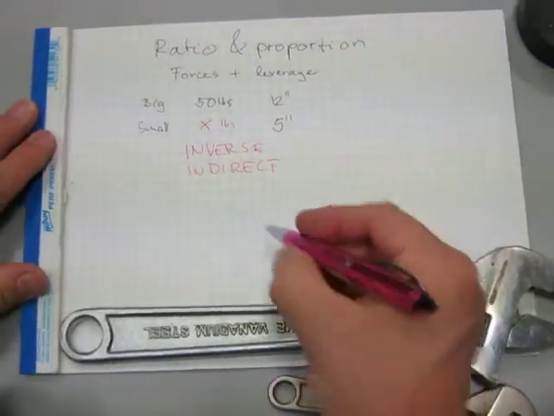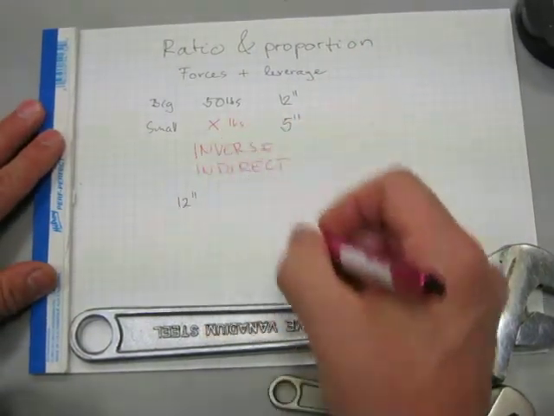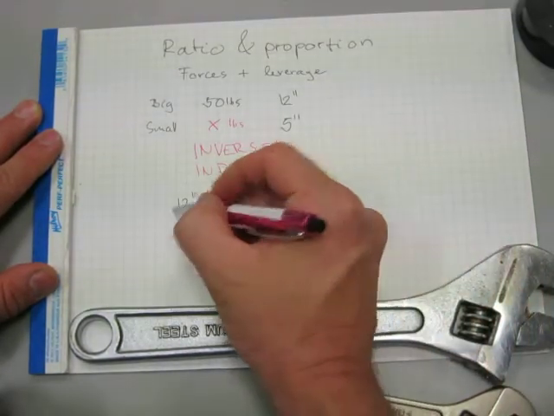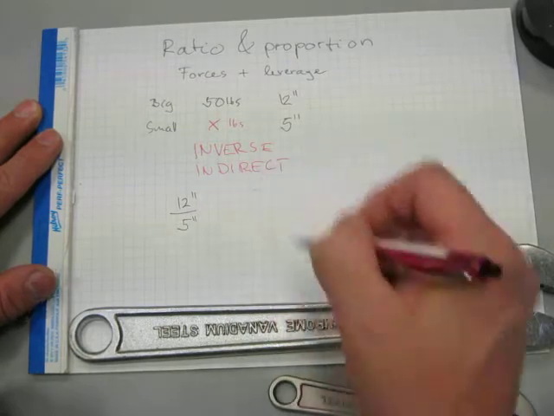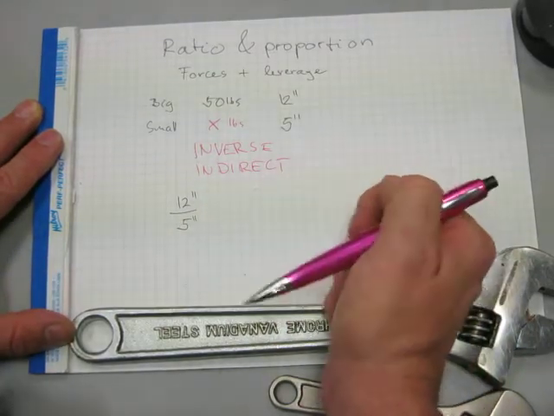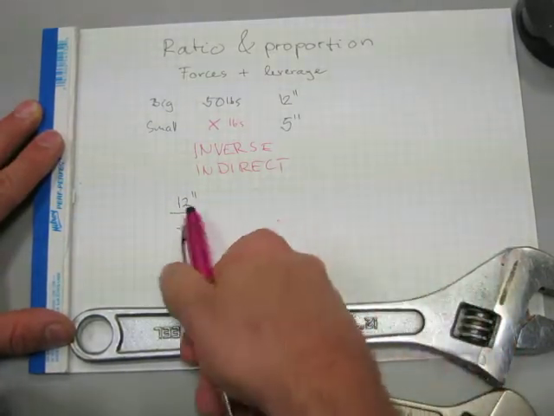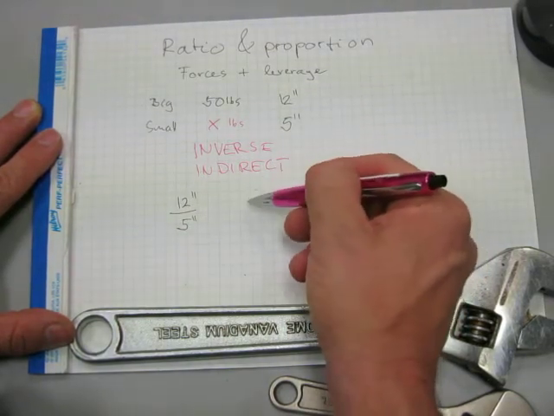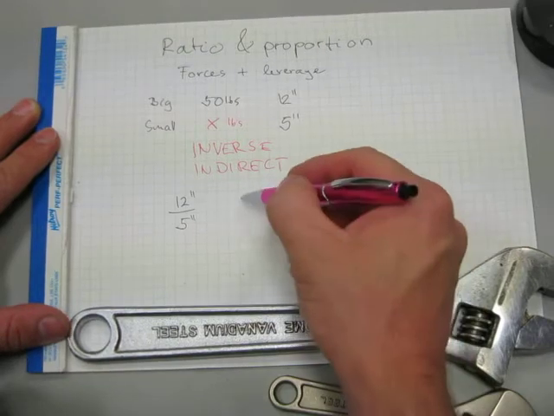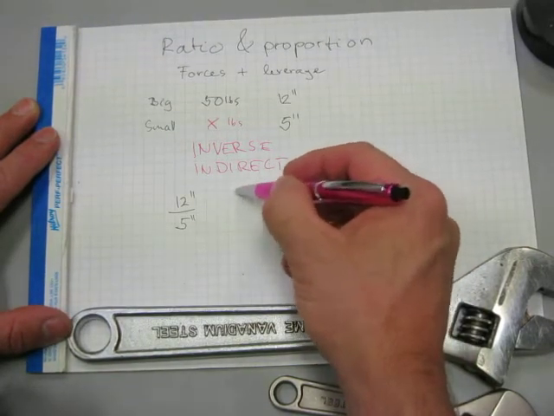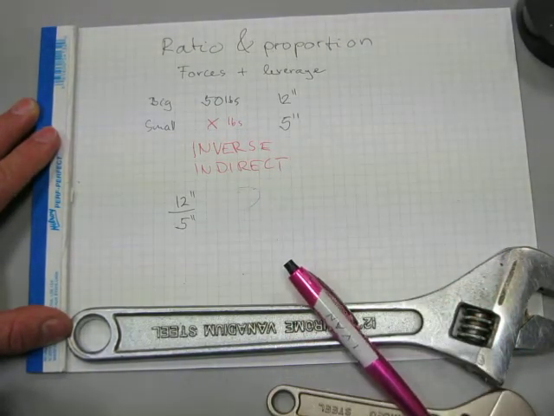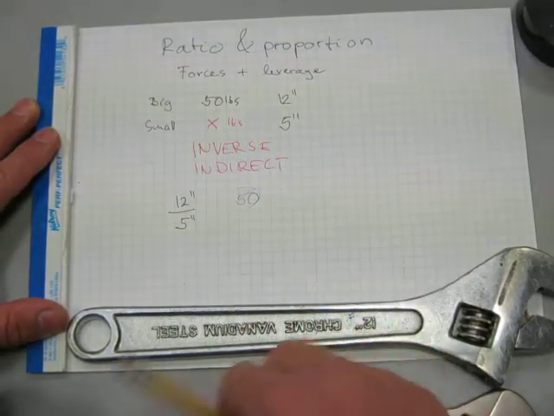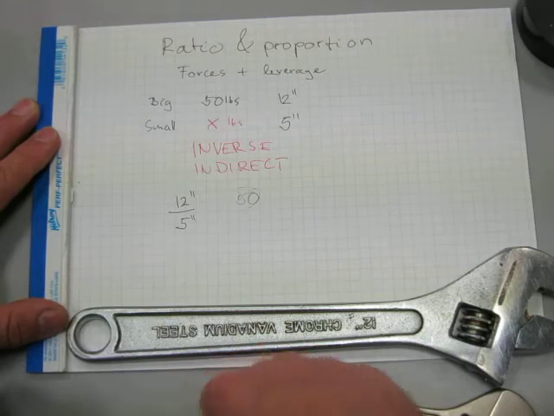Say the 12-inch leverage is proportionate to the 5, and you can write the 5 either here or here. I'm going this way. The 12-inch is proportionate to the 5, and we have the leverage from the bigger one, so we have to write up the force from the bigger one if it is a direct relationship here. The 50 would go here if this was a direct relationship, but it is not.